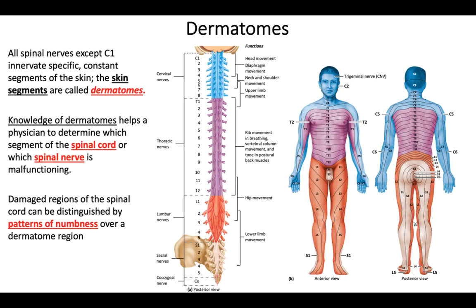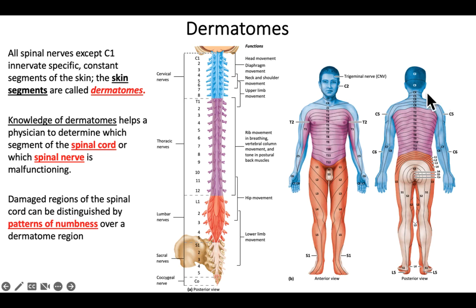Okay, rest of this video we're going to talk about some other things. Dermatomes are very interesting. Dermatomes are segments of the skin. Derma meaning skin, dermatome meaning segments that have basically been mapped.